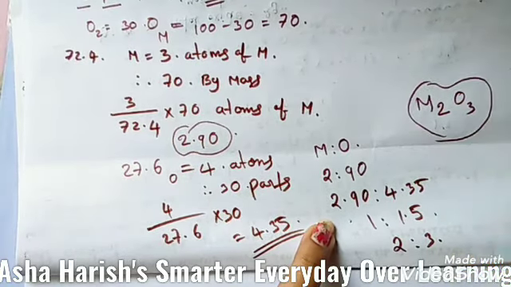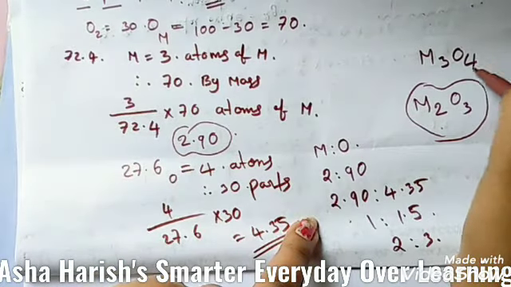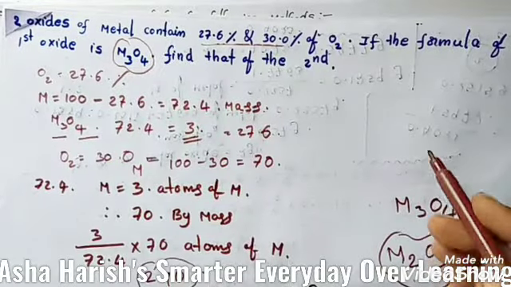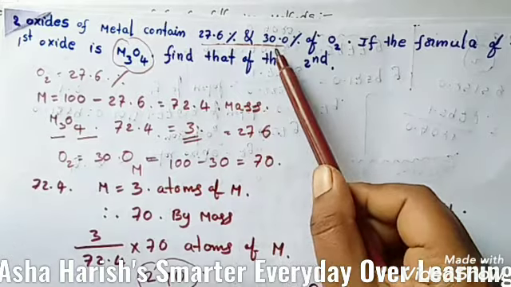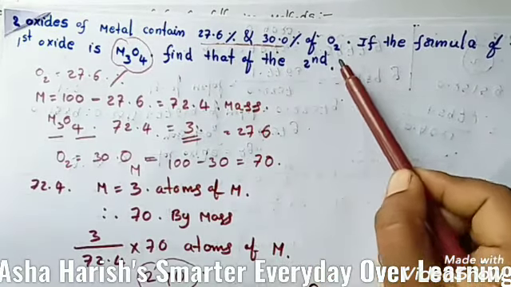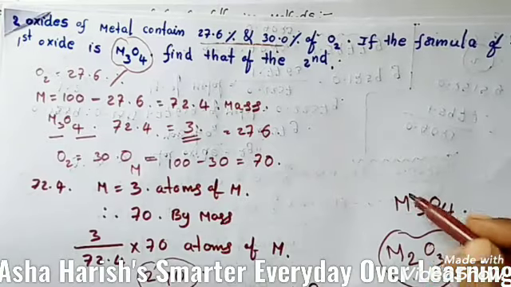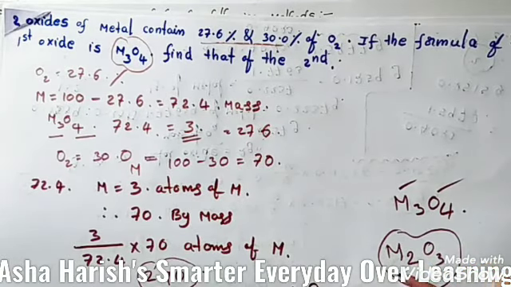This is the second one, M2O3. The first one is M3O4. This is the answer to that question. What we have: two oxides of a metal contain 27.6% and 30.0% of oxygen. If the formula of the first metal oxide is M3O4, find the next one. Second one is M2O3. Right.